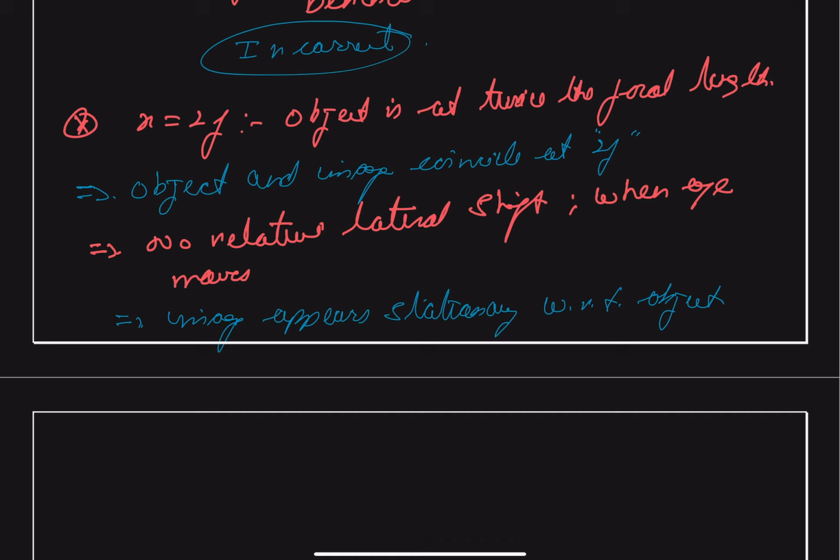But in the question it is given that the image appears to the right when the eye is moved to the left. So it means there is a condition of parallax.